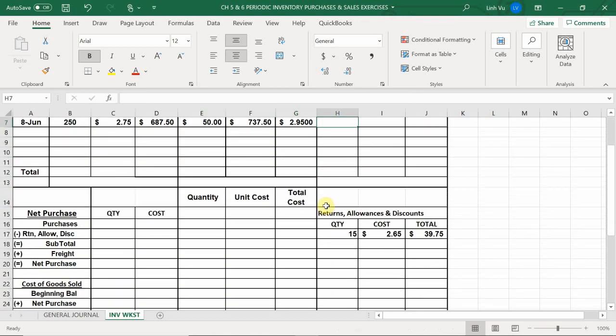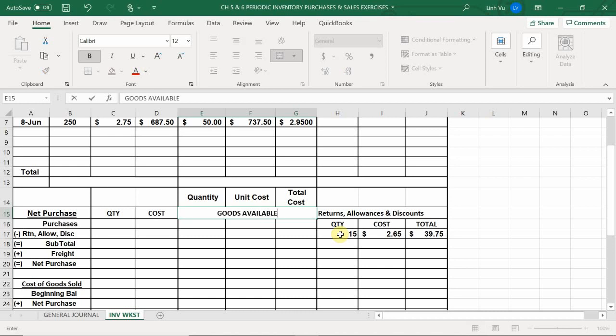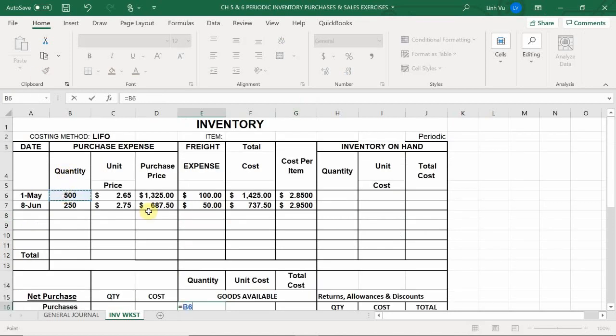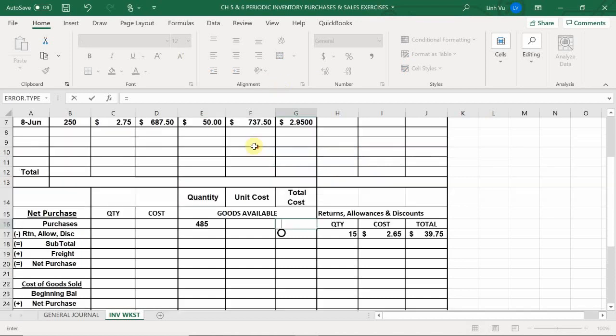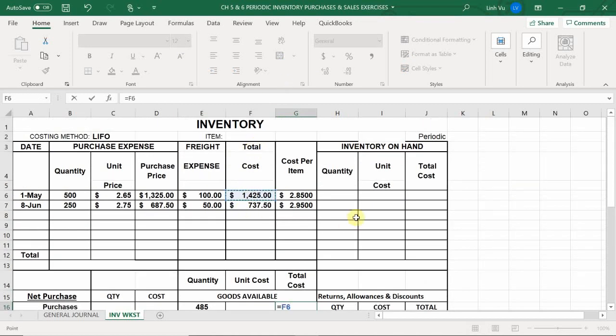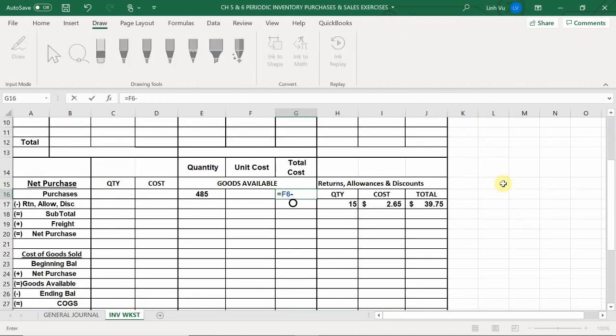Now, what we should also do here is create our goods available account, so we know how many items we actually have available. Because when we bought our first batch of inventory, we originally purchased a total of 500, but we ended up returning 15 of them. And same thing here, we were quoted at a total cost of $14.25, but we ended up getting a refund for $39.75.